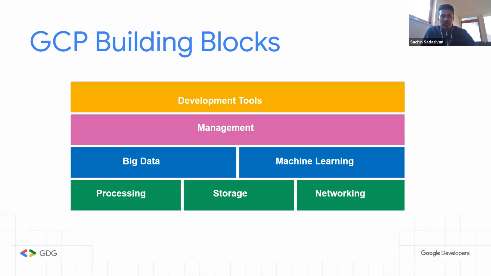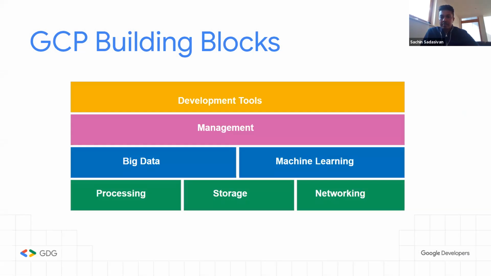And here is a quick overview of GCP building blocks. In the lower blocks, we already discussed the processing, storage, and networking of a typical computer. That's the fundamental building block. On top of that, we have the big data and machine learning stack.